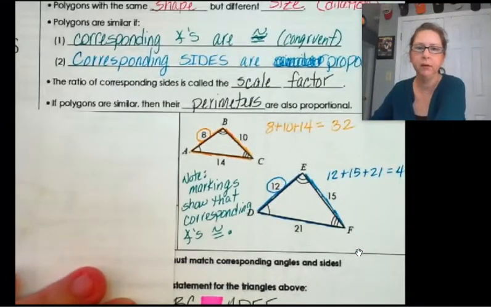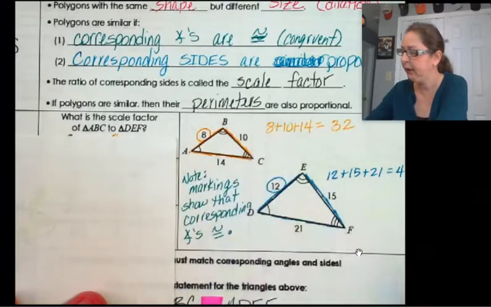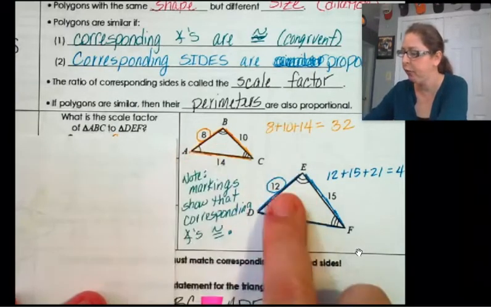So let's take a look at how we write the scale factor of ABC to DEF. I'm just going to pick one of the sides of the triangle. So I chose 8 and 12.